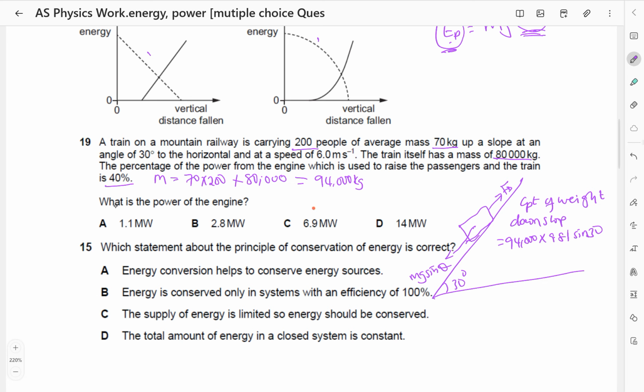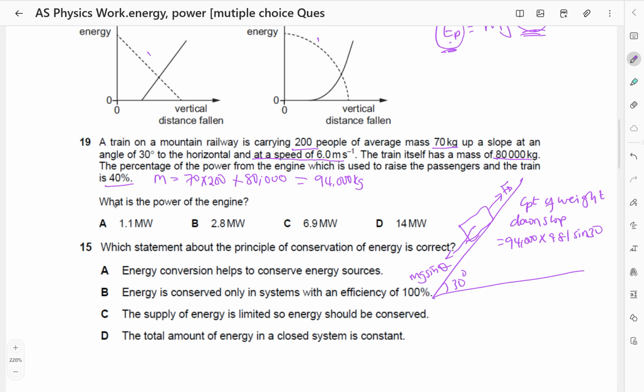Okay, but then the train is moving up a slope at an angle of 30 degrees to the horizontal, at a speed of 6 meters per second. So it is moving at a constant speed. That means the force down the slope should be equal to the driving force up the slope.